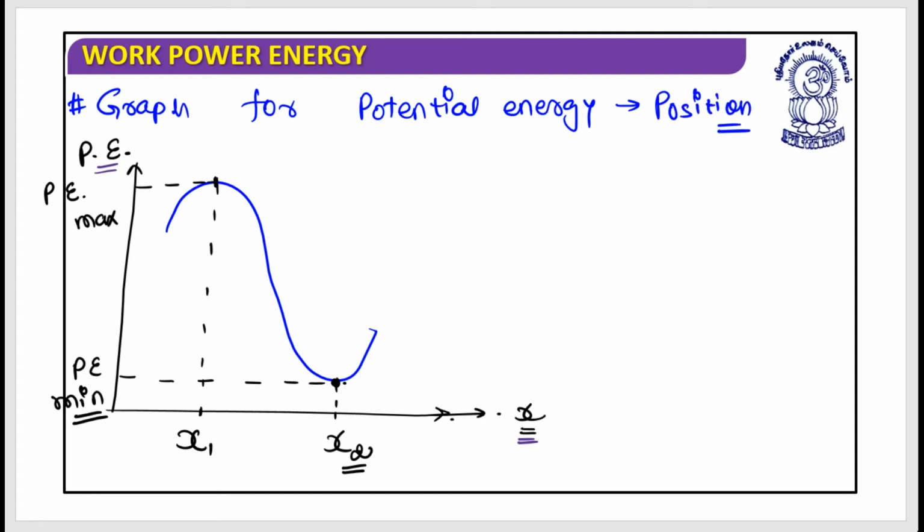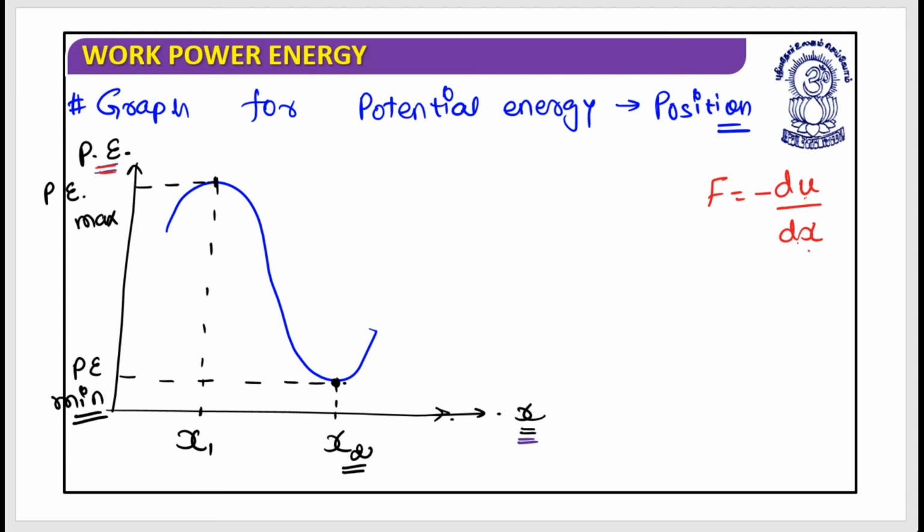We have one relation which can relate potential energy and position, and which is given as F equals minus du by dx. So du by dx is the slope of this graph. Please be very clear about this graph and this equilibrium.